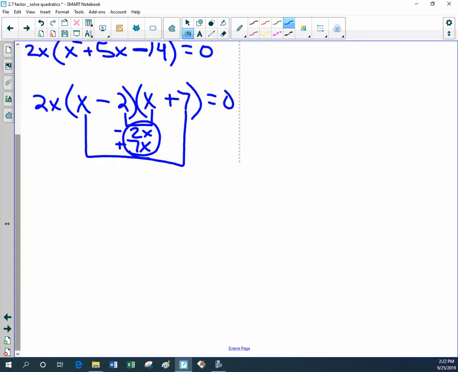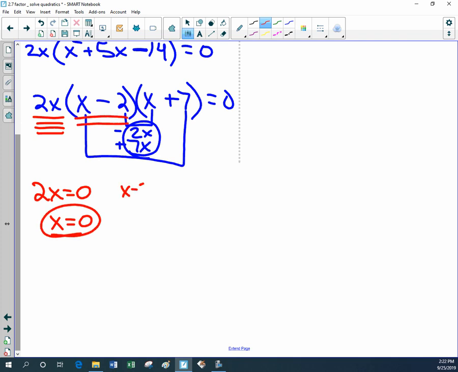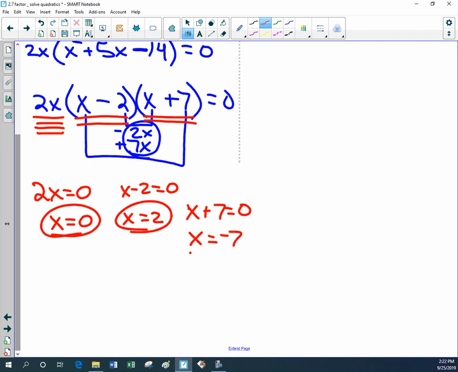Now, once we have it factored, set each factor equal to 0. Our common factor has a variable, so we set it equal to 0. So 2x equals 0, so x equals 0. x minus 2 equals 0, so x equals 2. And x plus 7 equals 0, so x equals negative 7.